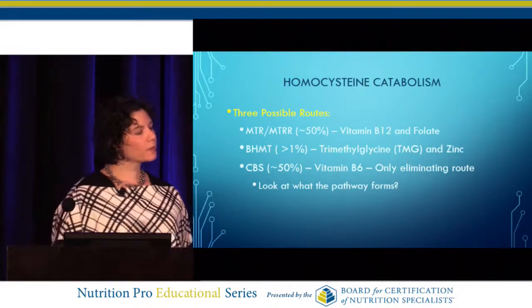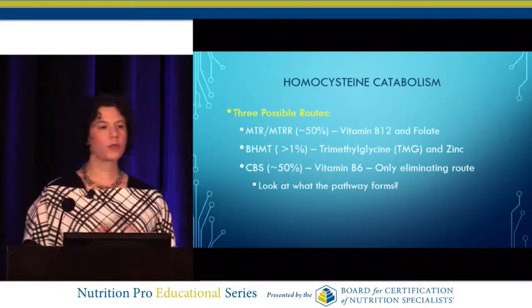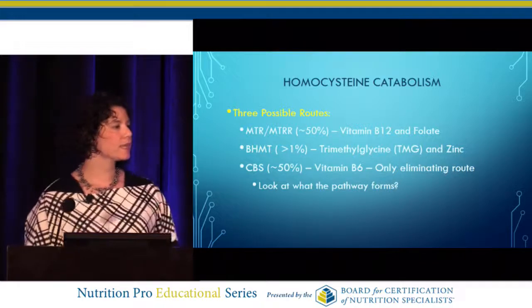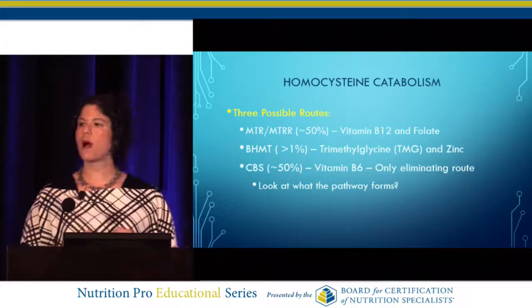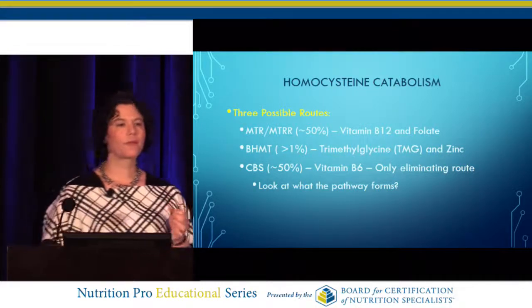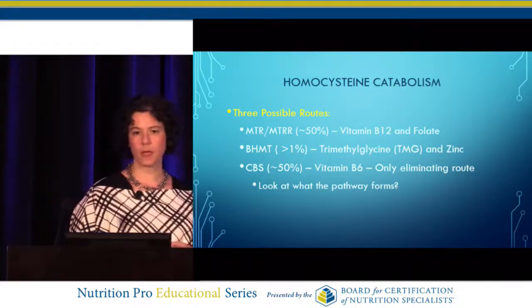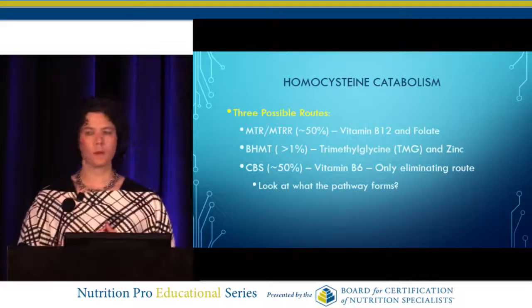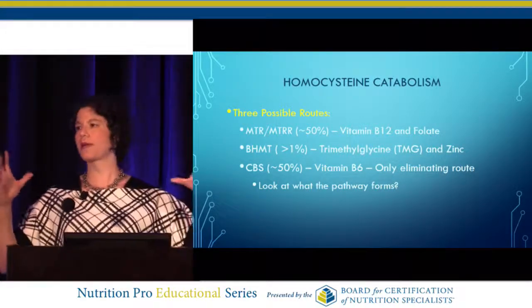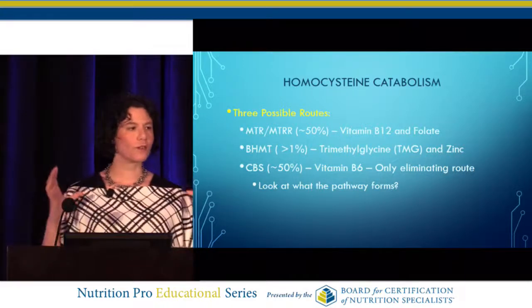Okay, so moving a little bit further, Christy already took us through some of the basics related to methylation and one-carbon metabolism. What I really want to talk about is a more in-depth look at homocysteine catabolism. Methylation tends to get a little tricky for people to remember because they want to look at this entire pathway and memorize it in one great big piece.